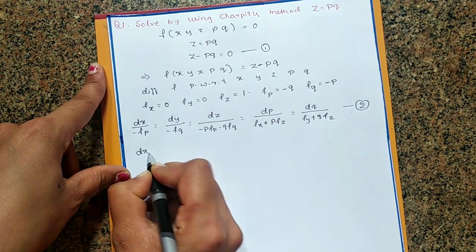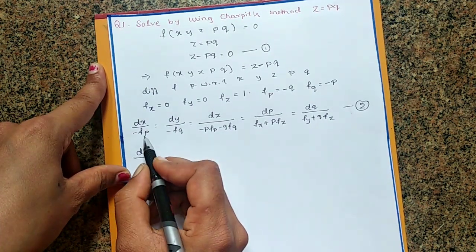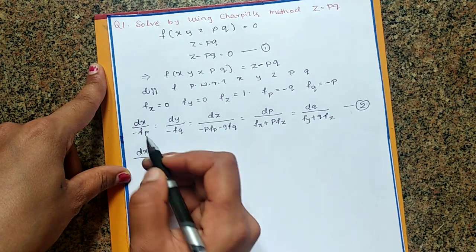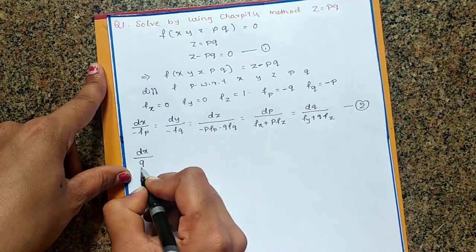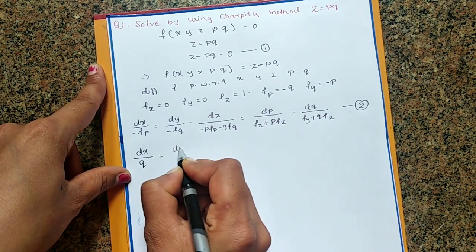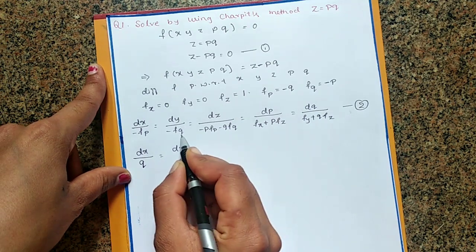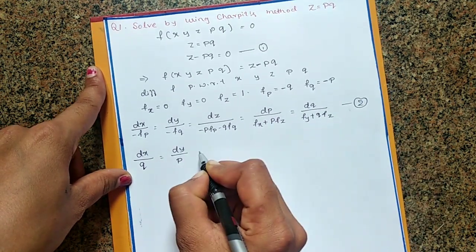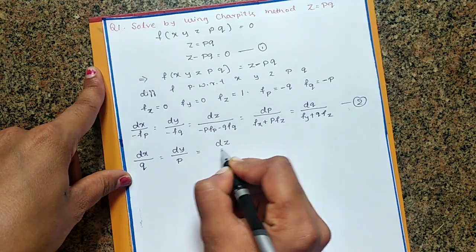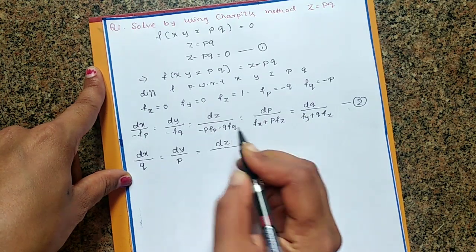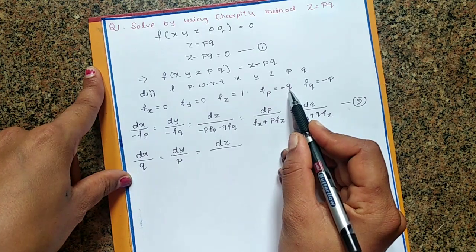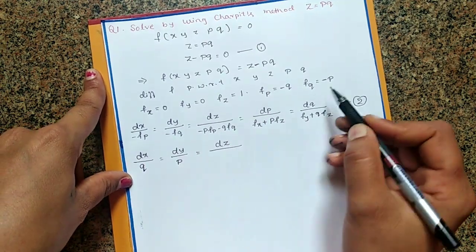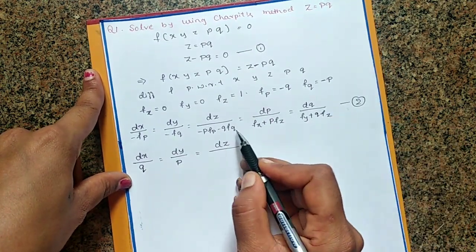Then we will get dx divided by fp, which is minus q, therefore minus into minus plus, this is q, that is equal to dy divided by minus into fq, which is minus p, so minus into minus plus p, that is equal to dz divided by minus p into minus q, that is pq, and minus q into minus p, that is plus pq.